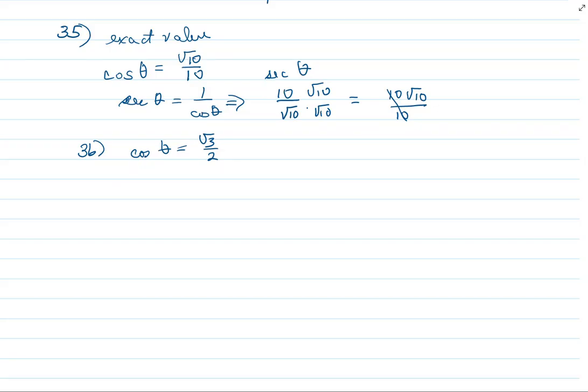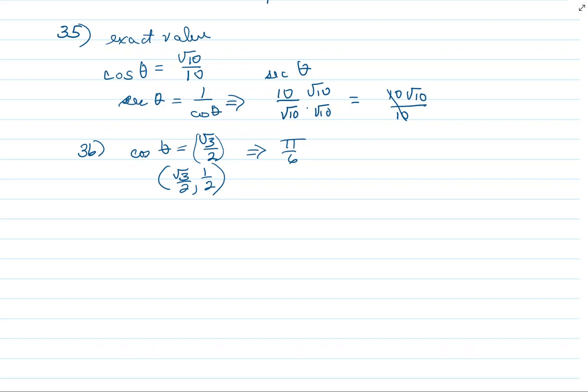We know this is in our unit circle, equal to pi 6, so the ordered pair would be the square root of 3 over 2 and a half.